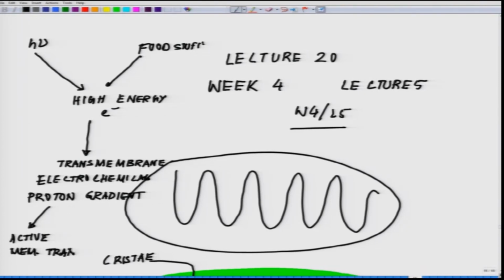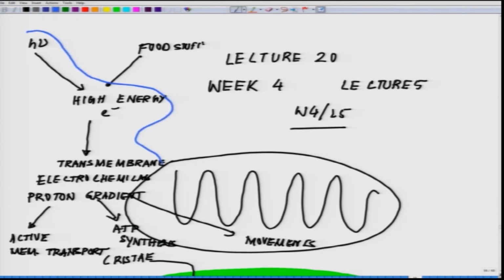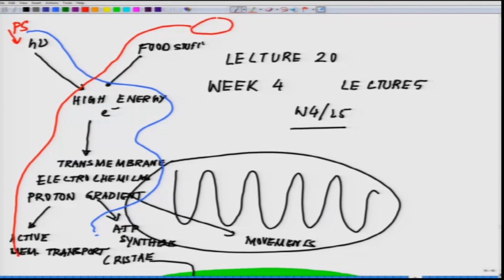This leads to ATP synthesis. This further leads to different kinds of movements. So, what we have as of now studied is this part. Today we will be studying this fragment. This is what we talked about in photosynthesis, and here we will talk about what is happening in the mitochondria. So, this is the overall framework of the mitochondrial structure.